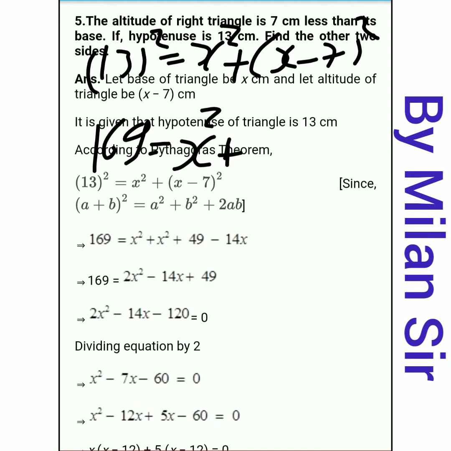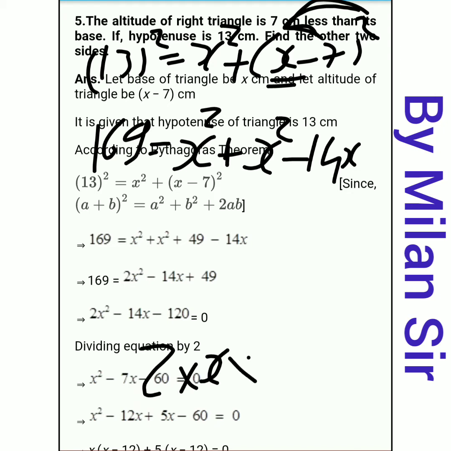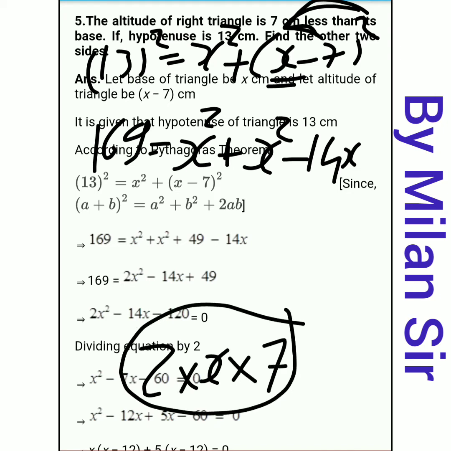That means first term square, here our first term is x, so x square, then negative sign, 2 multiply first term x multiply second term 7, that is 14x, plus last term square. The last term is 7, 7 square, 7 sevens are 49.